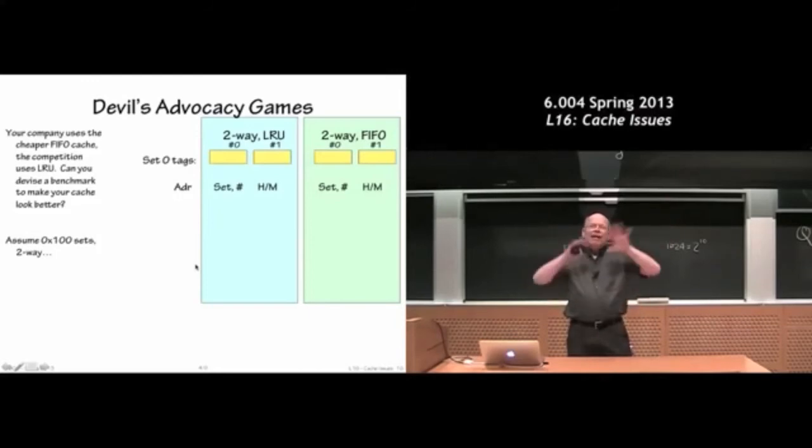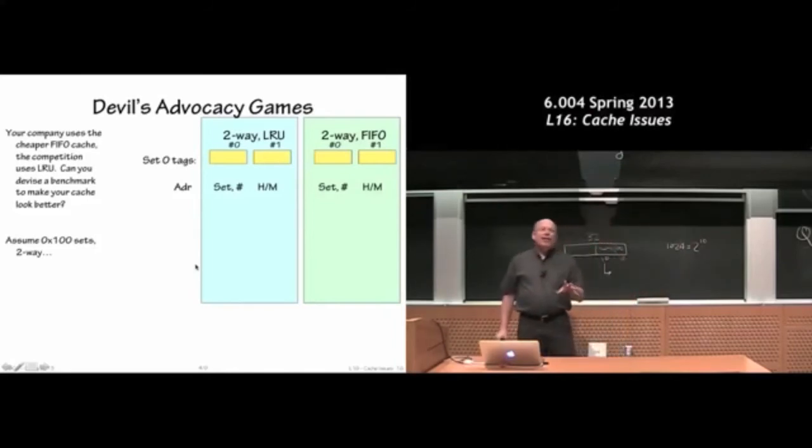But typically when you have two-way versus direct map, FIFO versus LRU, you can always come up with a program that shows one to be better than the other. So if you see a quiz question that uses the word always, approach that with caution. You have to really convince yourself that the caches are exactly the same except one is literally bigger, it has more cache lines, but the architecture is the same. Then you can safely use always. Other than that, you almost certainly can write a program to distinguish between the performances.